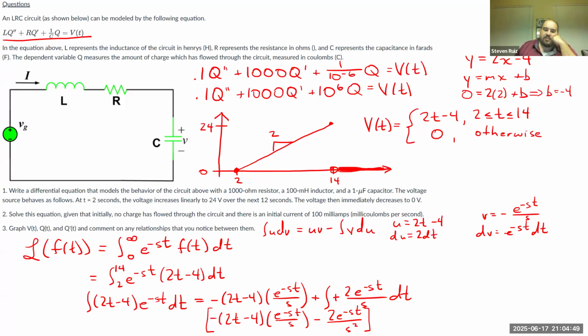I'm kind of taking some shortcuts just in my notation. So from here, what am I going to do? I'm going to plug in my limits of 14 and 2. All right, so when I do that, what do I come up with? Let's get rid of some of my integration by parts bookkeeping here.